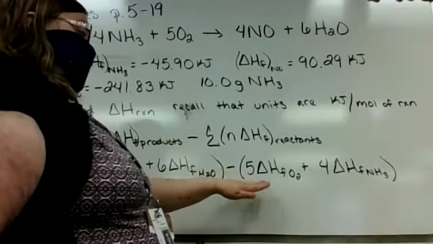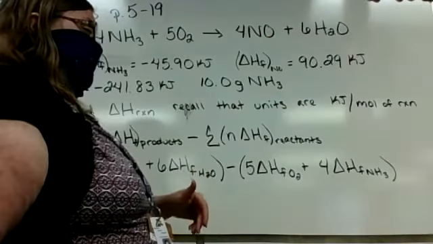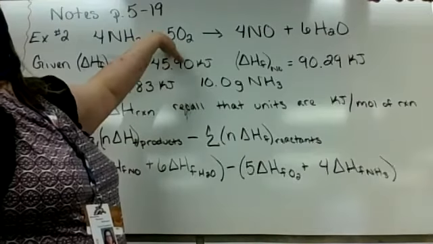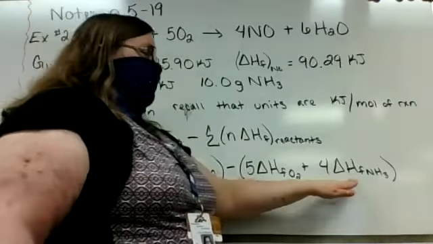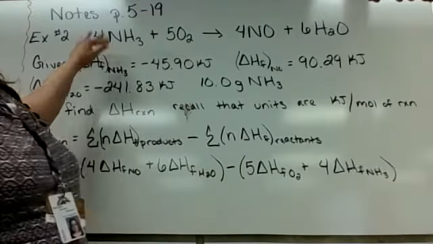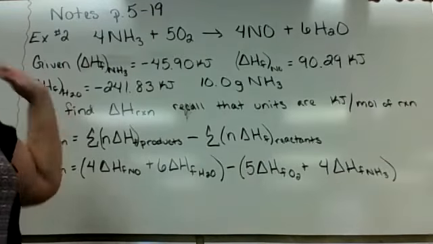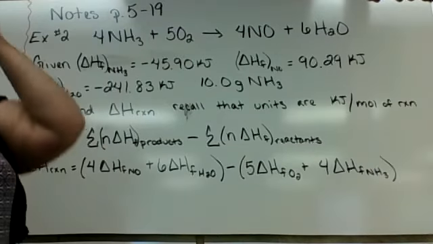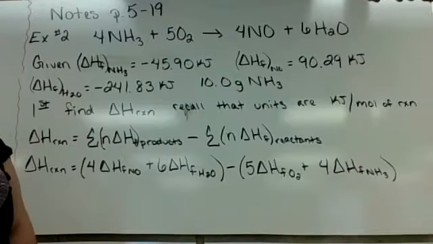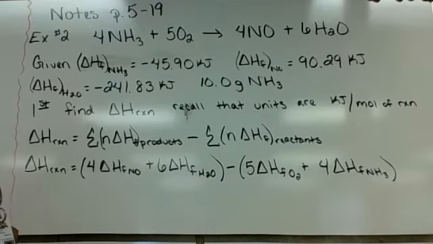Again, 5 moles times the delta HF of oxygen, O2, because we have 5 moles of O2, plus 4 moles of the delta HF of NH3 because we have 4 moles of NH3. Now, one of these delta HFs is 0. Which one is it? Is it going to be the NO and the O2 that end up equaling each other? Nope.